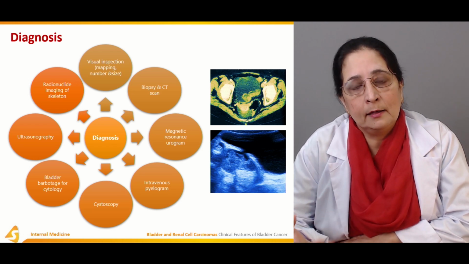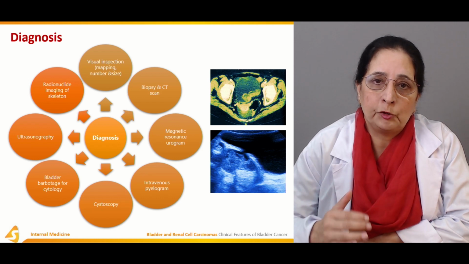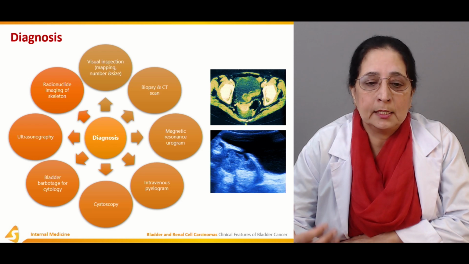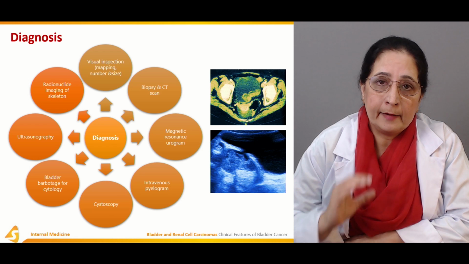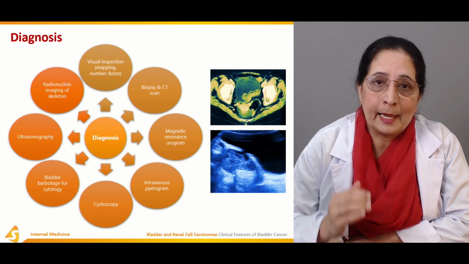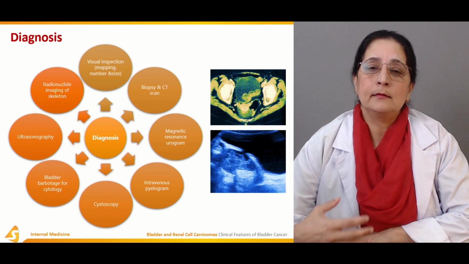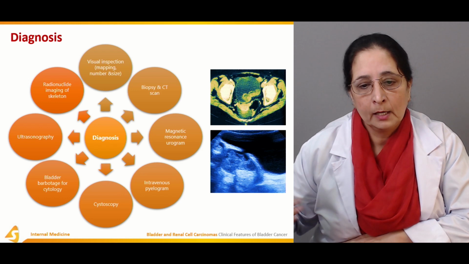Carcinoma of the bladder is easy to diagnose on ultrasonography, a simple non-invasive test, and then sometimes we need cystoscopy, direct visualization of the bladder to look at how big the cancer is, how deep the growth is and the penetration.